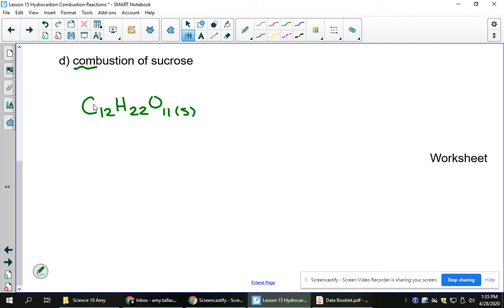And the word combustion is all we have to say in this section for you to automatically know that it's adding oxygen and creating carbon dioxide and water vapor. You always know that when it's combustion. You should get really good at writing those last 3 parts because you do it for every question.